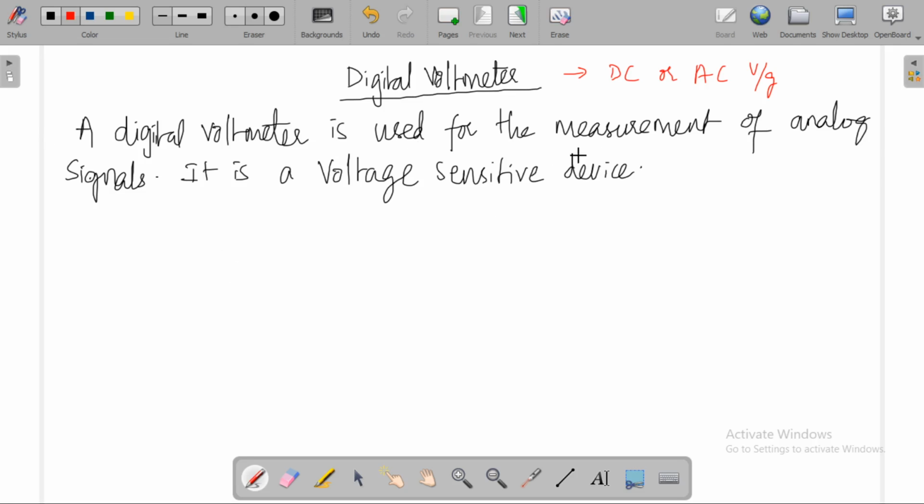A digital voltmeter is used for the measurement of analog signals and it is a voltage sensitive device. That is, the responsible quantity for this instrument is voltage. Now coming to the block diagram of digital voltmeter.